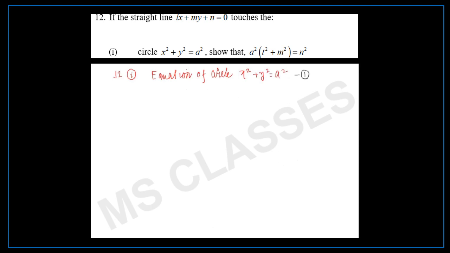So the equation of line is Lx plus My plus n equal to 0. Now we have to find the condition that this line touches this circle. Line touches the circle means the line will act as a tangent.